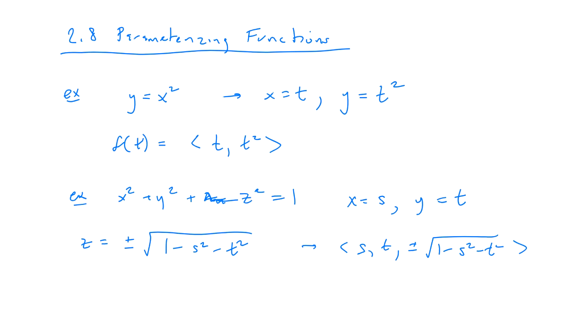And from the previous example, you might guess, what do you think the parameterization for this thing will be? I think we'll let x, y, and z make this a bit nicer, since it's a sphere. So since it's a sphere, we should use spherical coordinates.